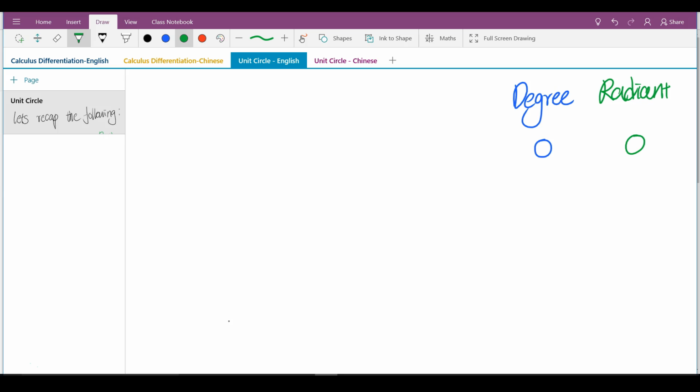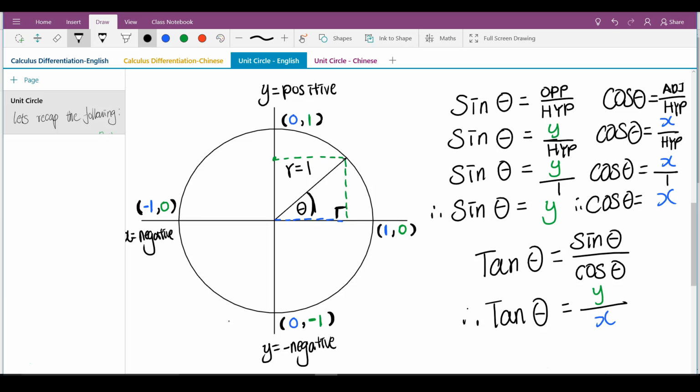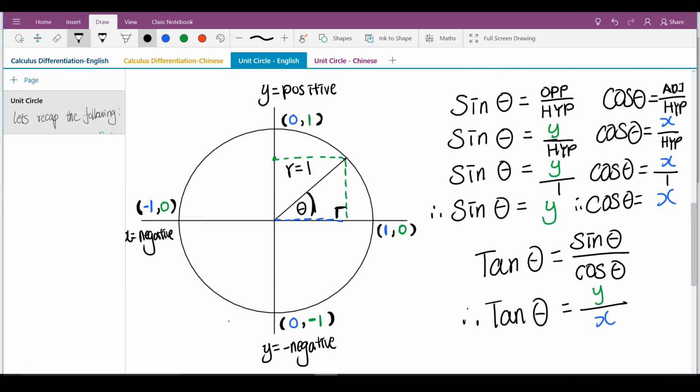So at 0 degrees or 0 radians, what would sine, cosine and tan be equal to? Remember, sine represents the y value. Where do we start counting angles in a unit circle?